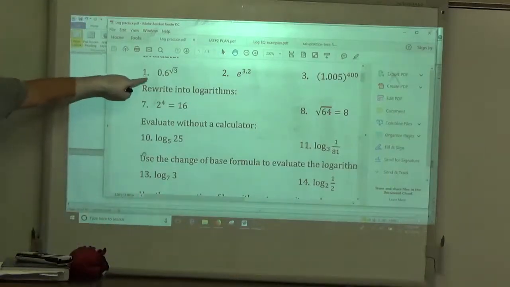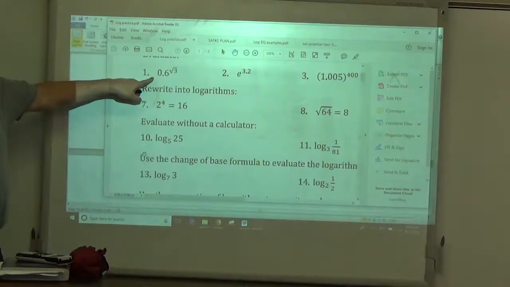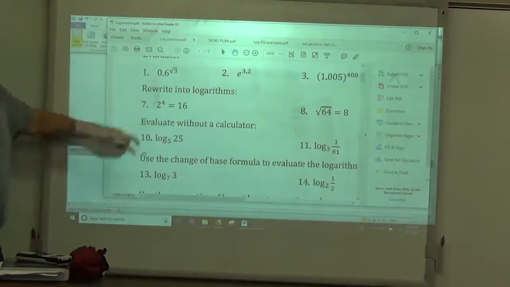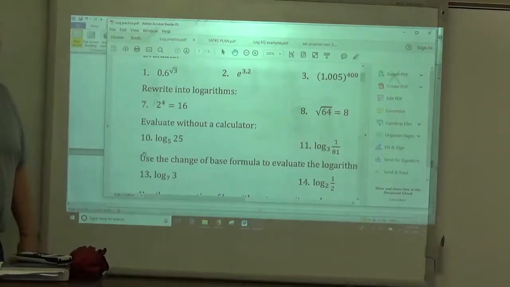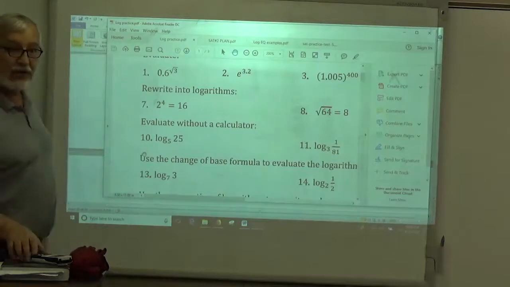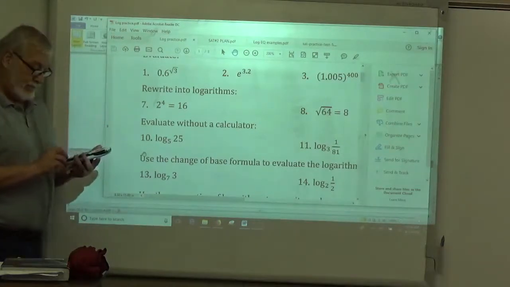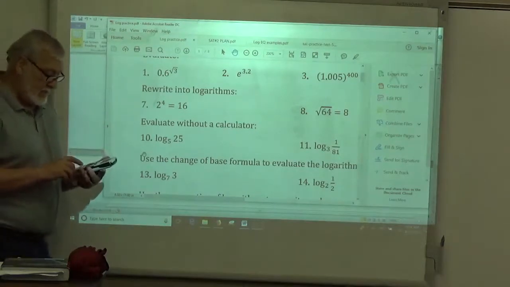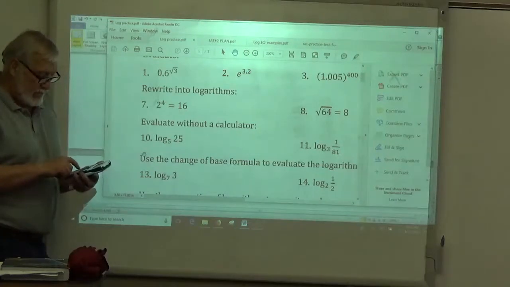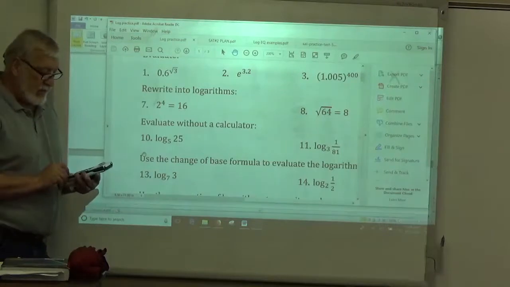Okay, so if you want this value, what do you do in the calculator? You do 0.6 raised to the square root of 3. It's just throw it in the calculator. So do it. All right. No, I don't get 4 point.